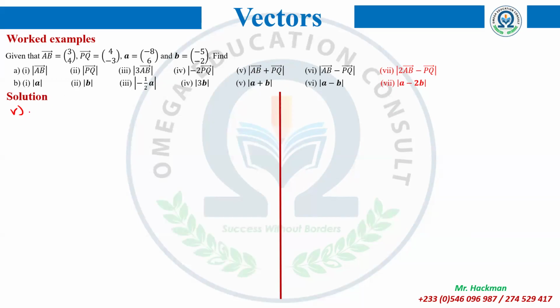So I won't write therefore, I will just pick, I need to work on this. I'll write vector AB plus vector PQ. If you like, you can bring the absolute value before.